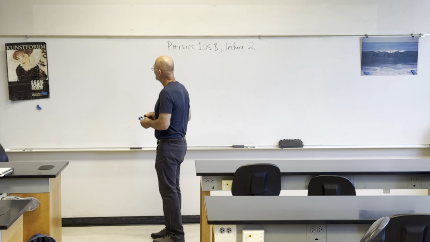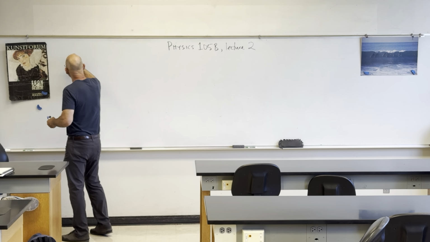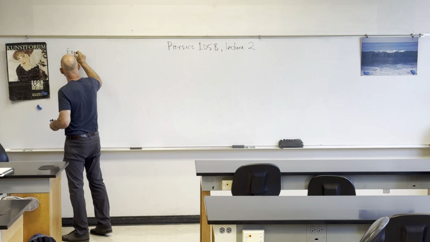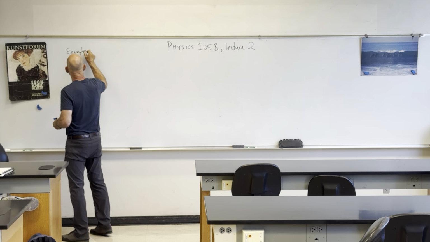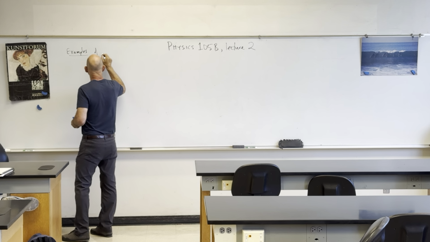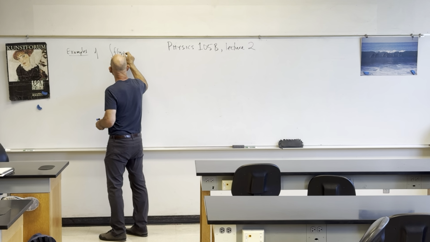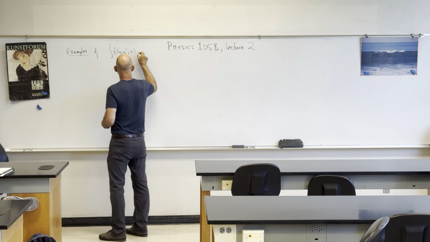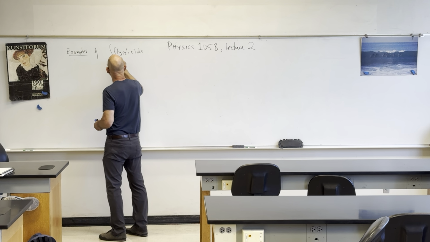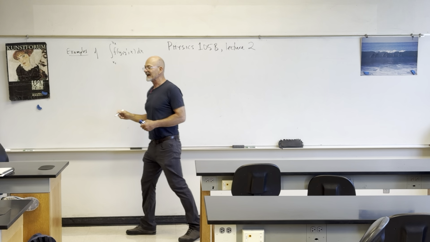And then some. I'm going to go for these examples again, and we'll just put the brachistochrone up. So examples of integral f of y, y prime, x dx. Right, that's the thing we're analyzing.